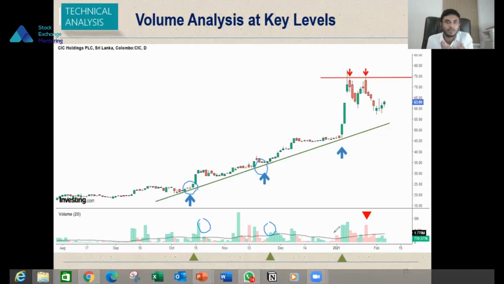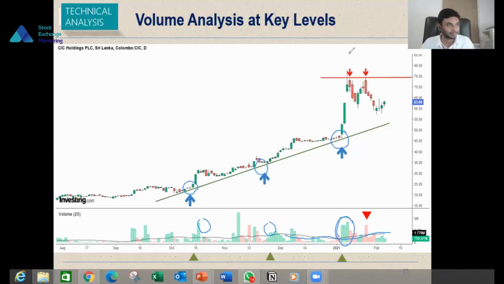They find the stock is coming to a correction within the uptrend, and more buyers are coming, and we can see volume movement in that. So you can see every time it reaches these trend support levels, the volumes are increasing. The volume bars are increasing compared to the average level of volumes.